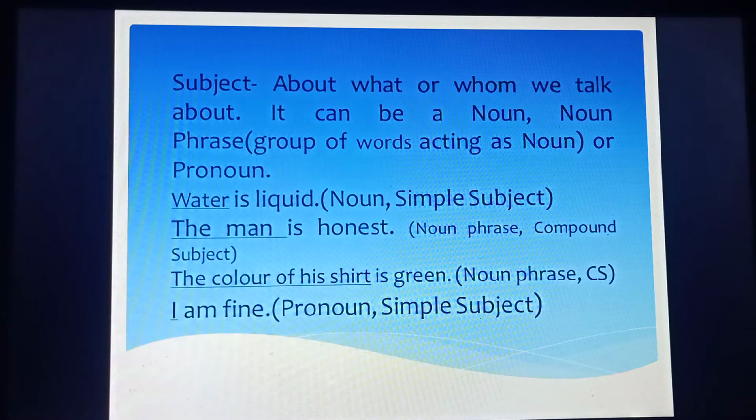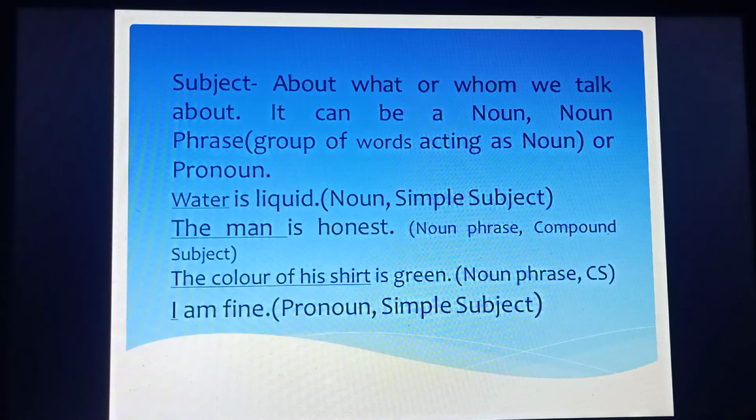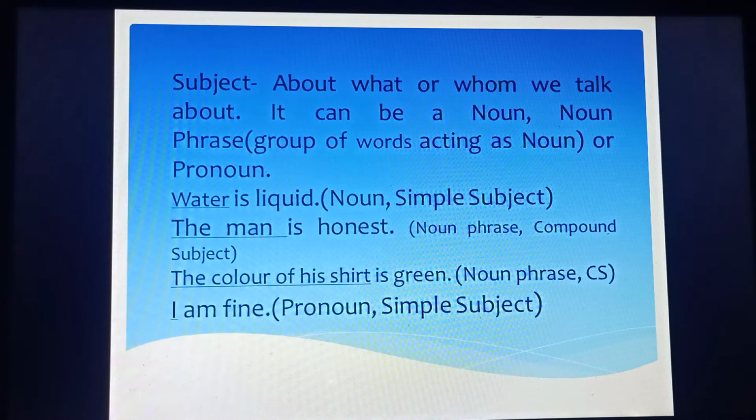And the last sentence, you see, I'm fine, just a pronoun I. So I think your idea has been clear now. So subject means any noun or pronoun or a noun phrase which comes before the verb and which may be one word or more than one word.